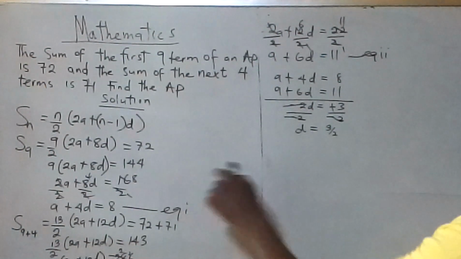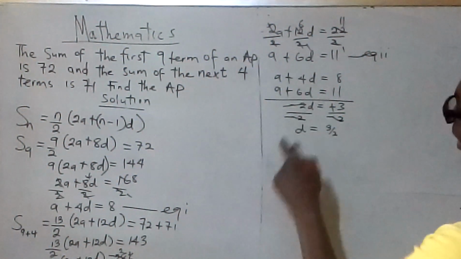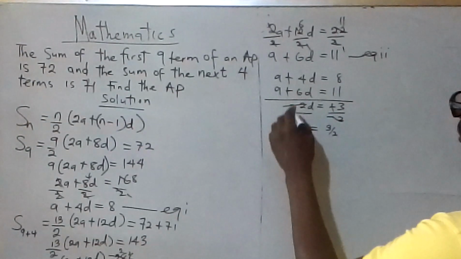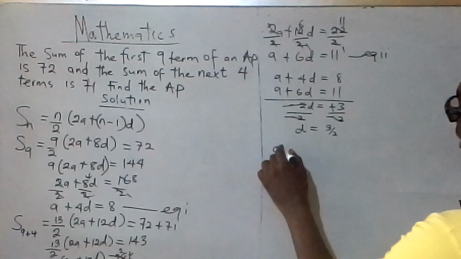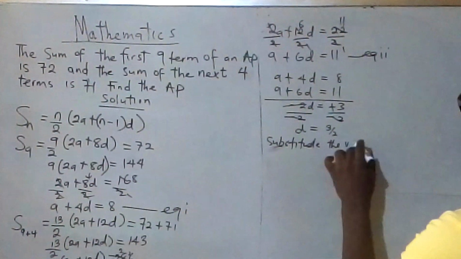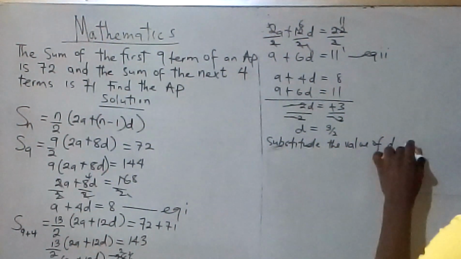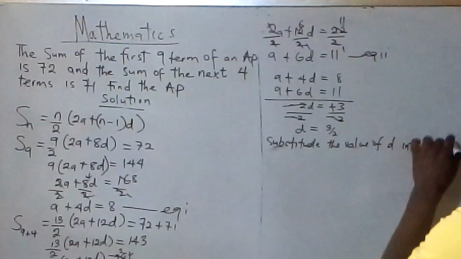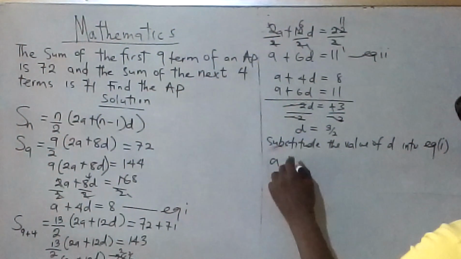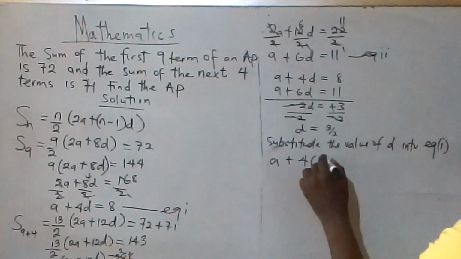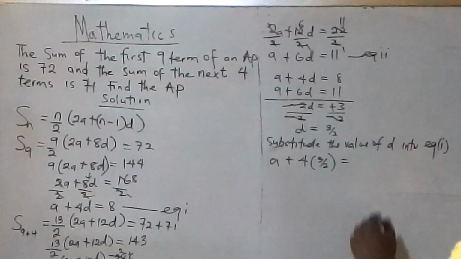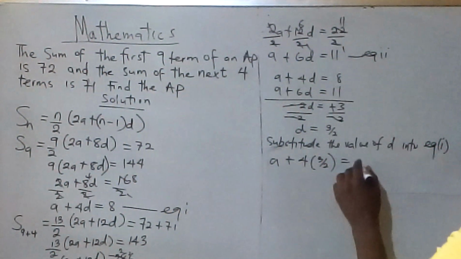Now, to get the first term, that is our a, we substitute the value of d into any of the equations. Into equation 1, we have a plus 4 into d, which is 3 over 2, equal to 8.